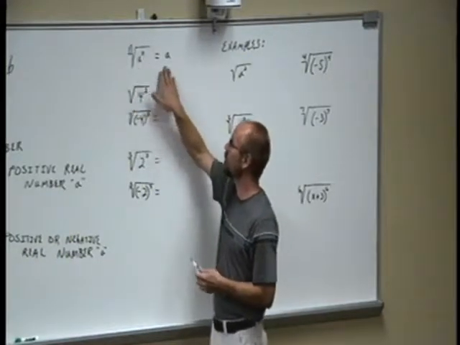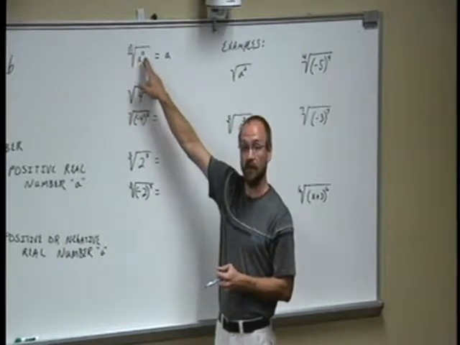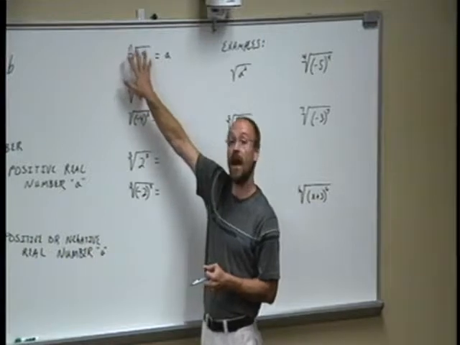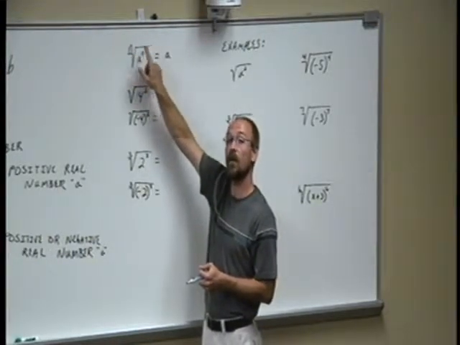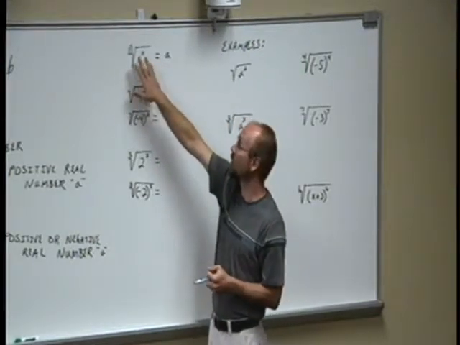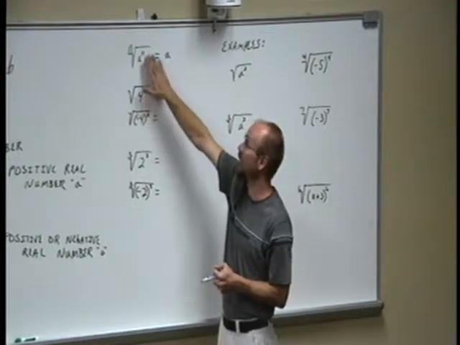But if we look at this generic example, the nth root of a to the n, we can think of this as a fractional exponent. We have a to the n raised to 1 over n. We're saying what number times itself n times would result in a to the n.